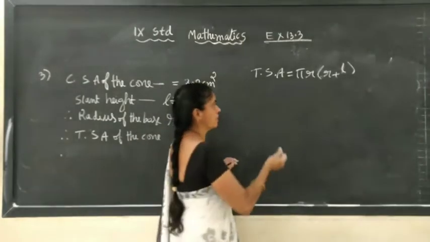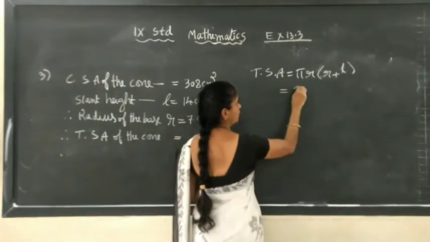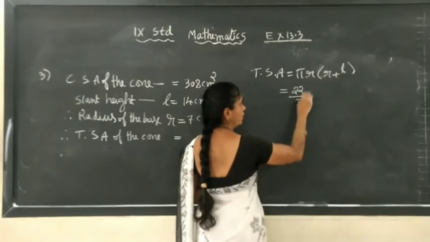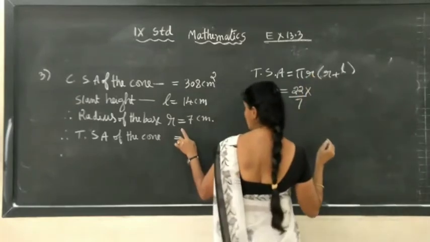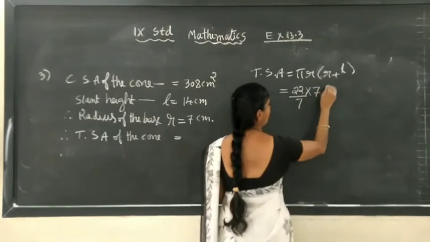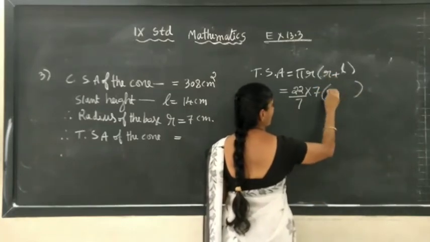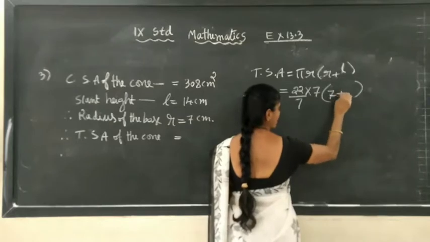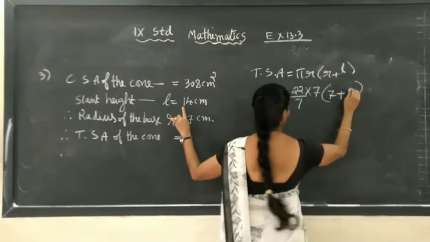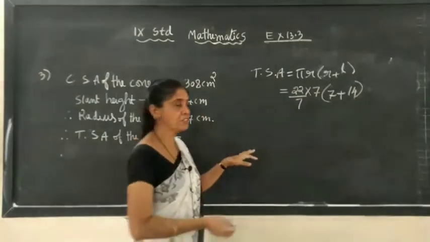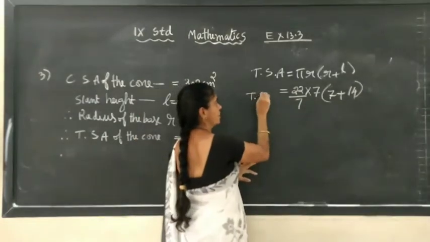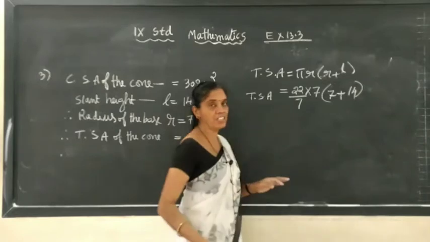Pi r into r plus L is equal to 22 by 7, the pi value, into r, how much is r? Just now we got r is 7, into r again 7, plus sign, and L is how much? 14. So substitute the corresponding values. This I don't know, so write TSA, total surface area.